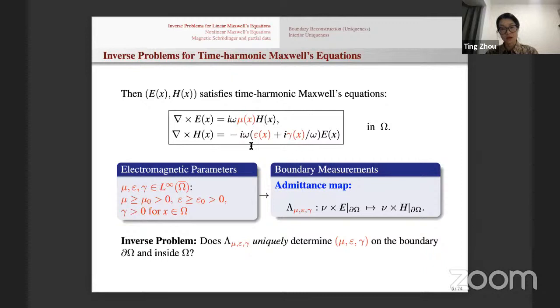Okay, kind of symmetric for E and H. And here it will be mu, but here will be a complex coefficient with real part being epsilon and the imaginary part giving you the conductivity gamma over omega. Okay, so this is for a fixed frequency, the time harmonic Maxwell's equations.